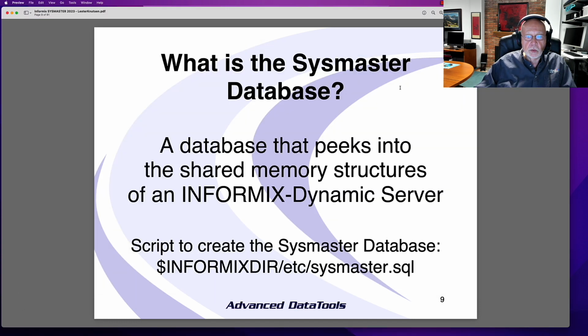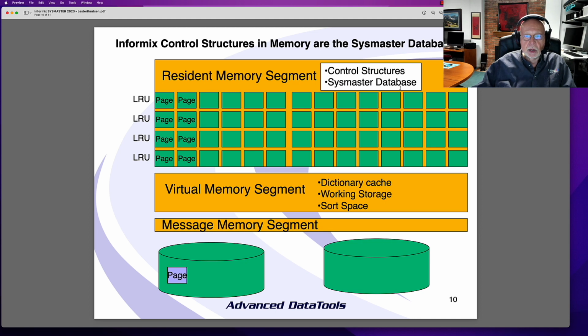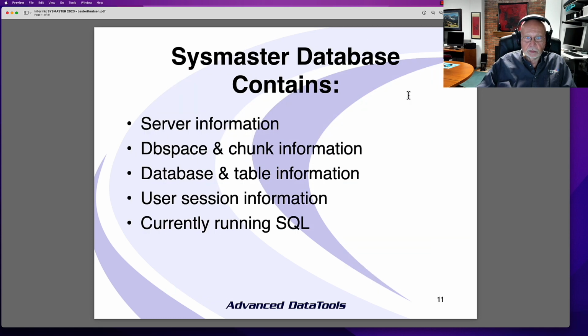And what it does is it creates a bunch of tables and points them at shared memory. It points them at the control structures that are used both for onstat and for the server's internal working as it's running. So if you do an onstat -p and you do a similar query from the Sysmaster database, you're going to see the exact same data.